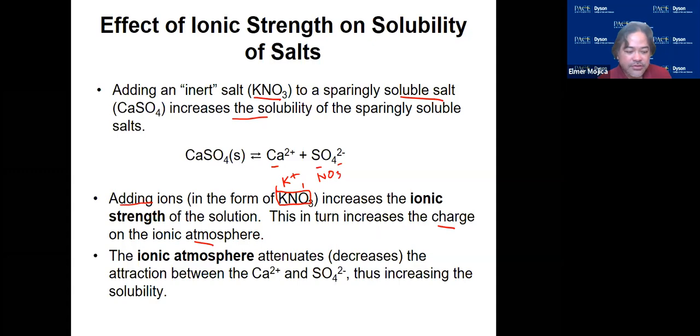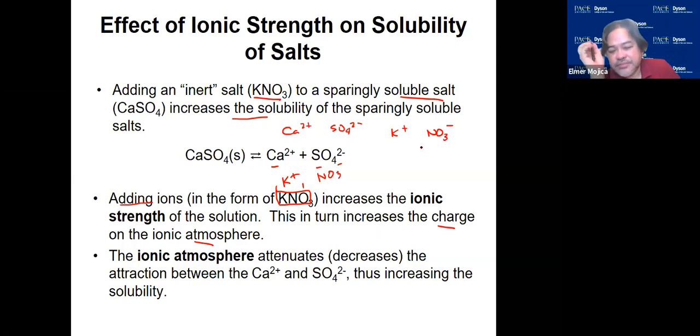So, what does this mean? Initially, you only have what? What could be the ions that you have there? Ca2 plus, SO42 minus. But when you add KNO3, you have what? K plus and nitrate. Okay? So, what does this mean?